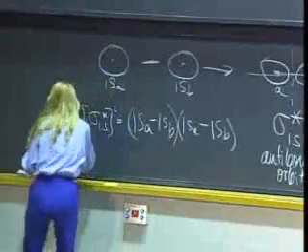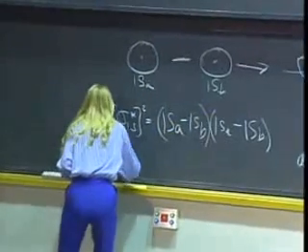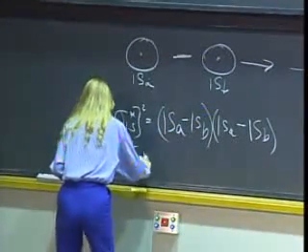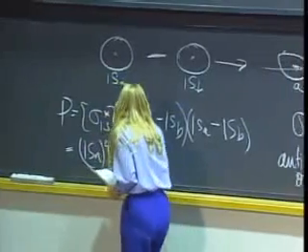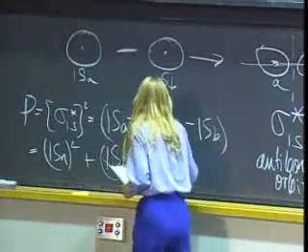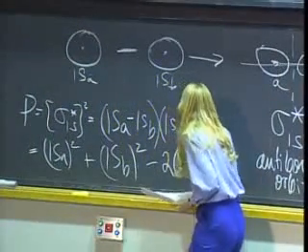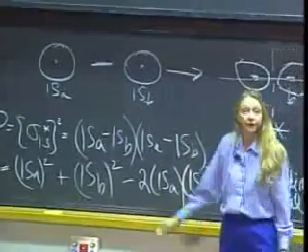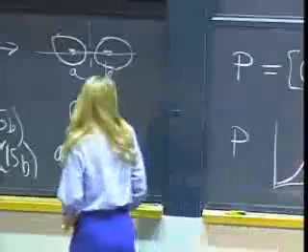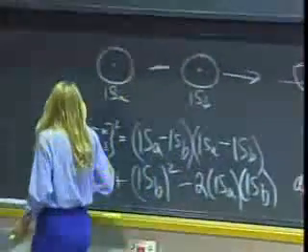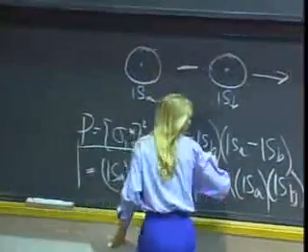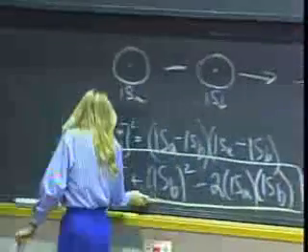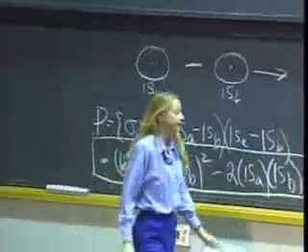Multiply that out. So I get 1sa quantity squared plus 1sb quantity squared minus 2 times 1sa times 1sb. Hey, I'm now going to plot this on my graph here. All right? So this is what I'm plotting, right, on my graph of the probability density.